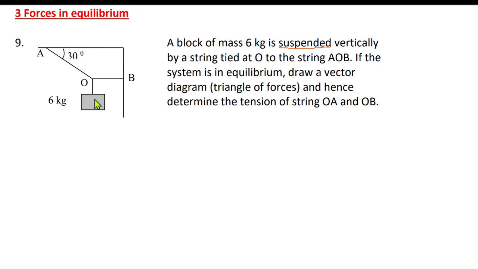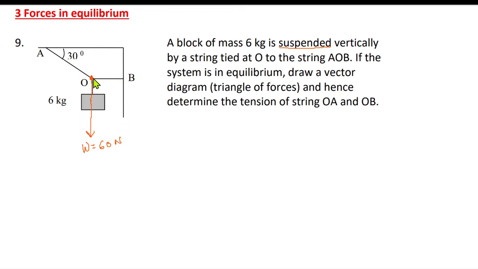Okay, I have a force of this load. It is going down. Okay, so if I put a dot here to represent the entire system, I have a force going down. That is my W, weight. That will be 60 Newton.